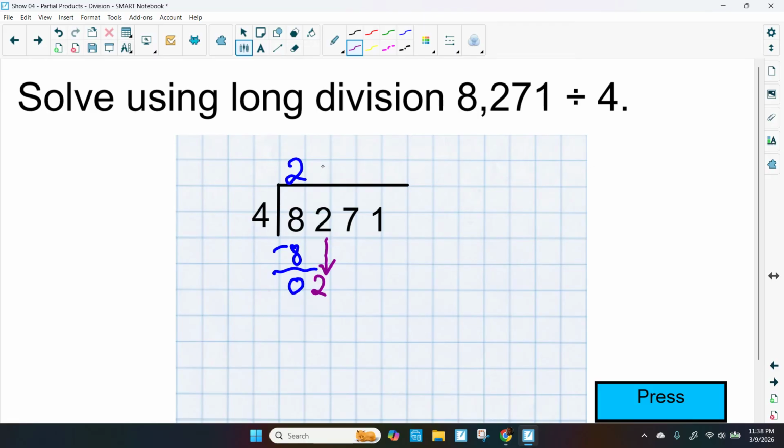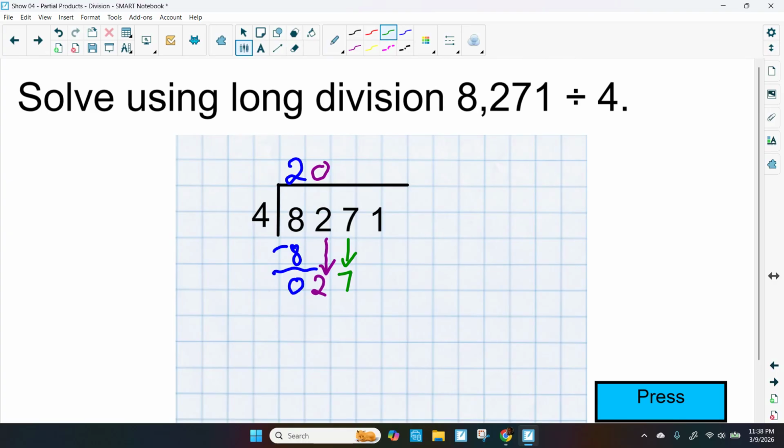Oh, man, it doesn't. So let me put a 0 there and bring down the 7. What's nice about, again, this graph paper, it lines it up nice and neat for you. So I recommend you talk to your teacher and ask them, can you use graph paper on your test, because it'll help with the spacing.